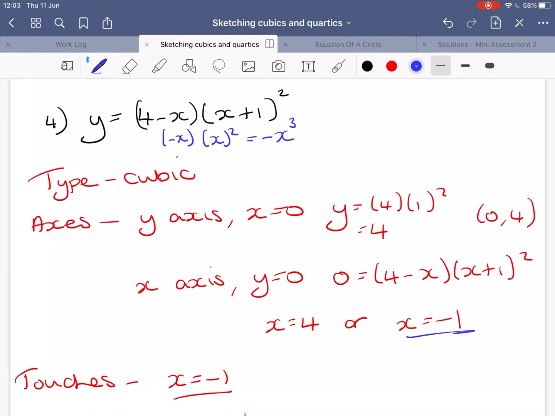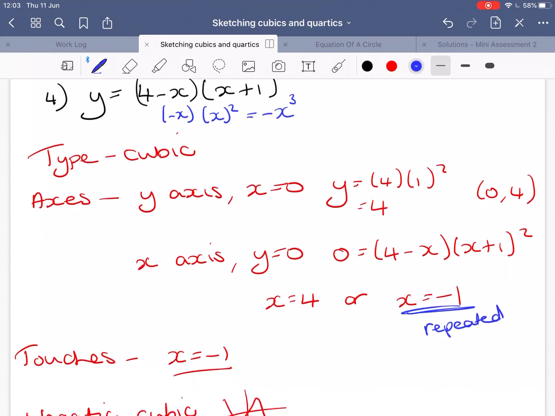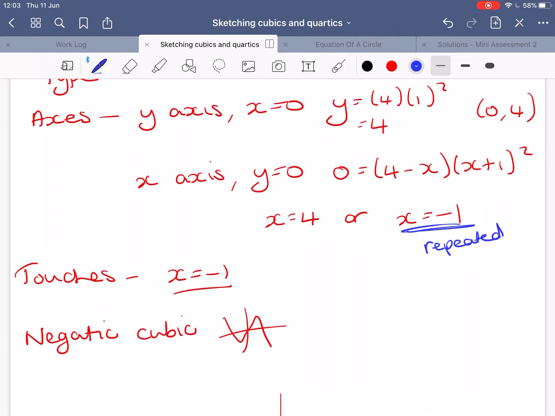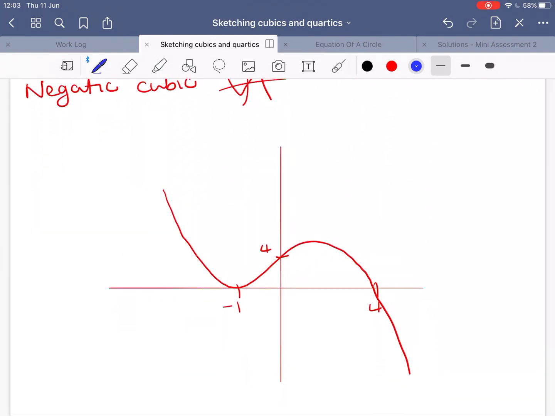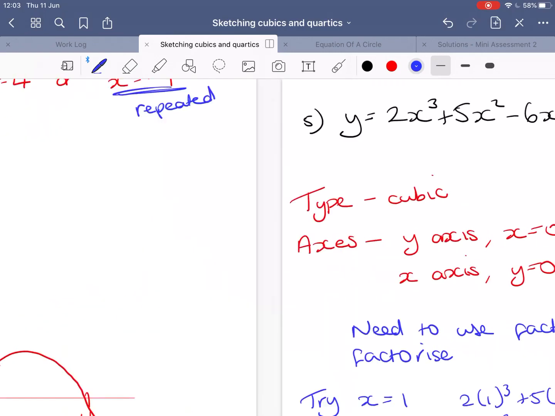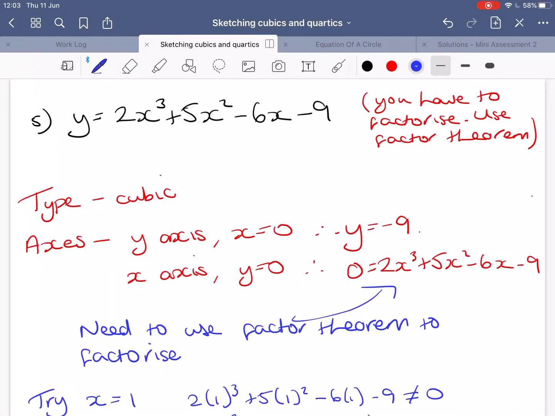Or x equals minus 1. But that one is repeated. So therefore, I've got a touch at x equals minus 1. As I said, it was a negative cubic, so it's going to look that way round. So we've got a touch at minus 1. It comes up to go through the y-axis at 4 and then comes down to go through the x-axis at 4 again.